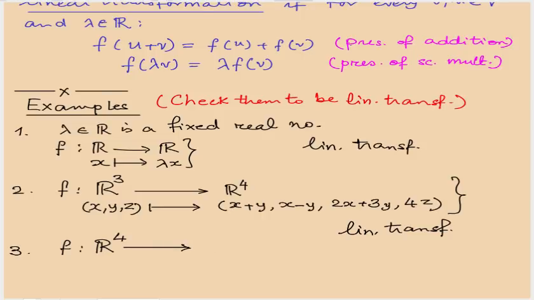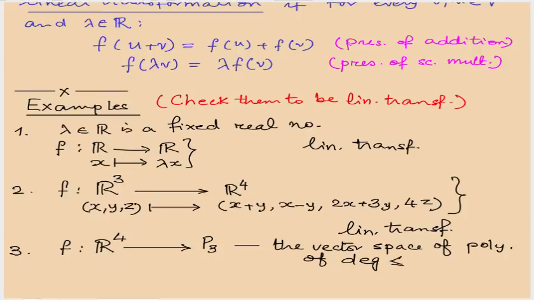This is the vector space of polynomials of degree less than or equal to 3.